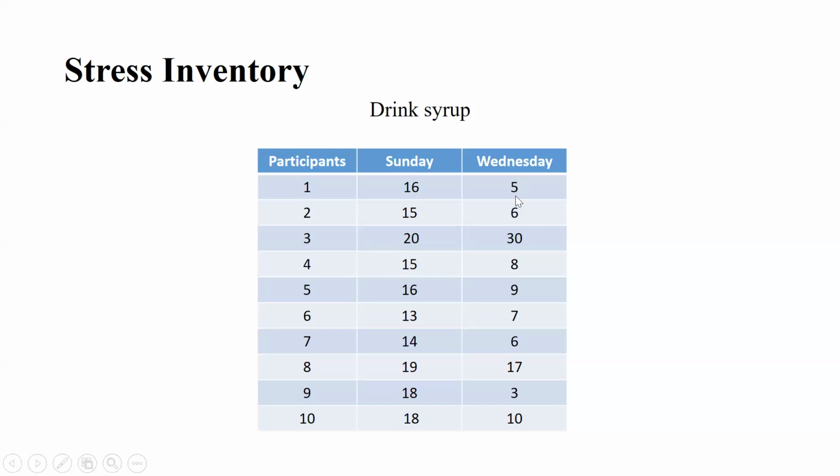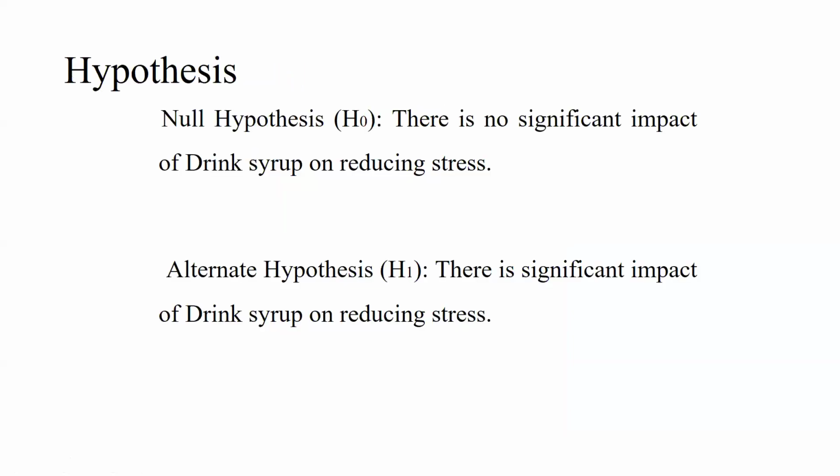Earlier it was 16, now 15, 5, then 6. Their depression has increased if you look at 20 to 30, but the rest of the participants' scores are lower than the previous. Is it clear? So we will develop the hypothesis.